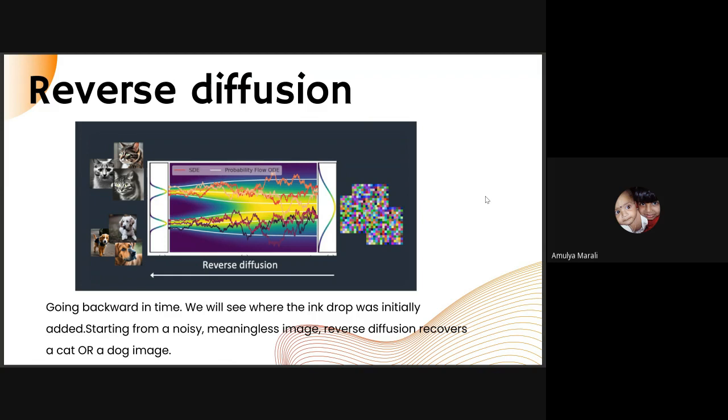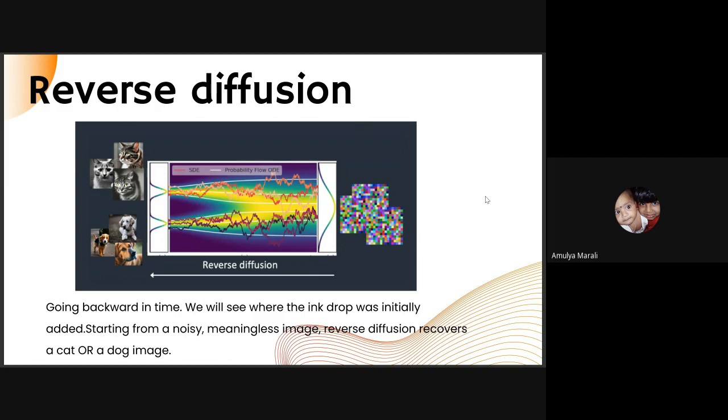The thing is that you don't know where the drop of impurity was actually put initially. But what you can see is that at the end, you have this glass full of dirt or impurities. Initially, it was just clear water, and you added a drop of impurity to it. And at the end, you had this glass of water with complete impurity.